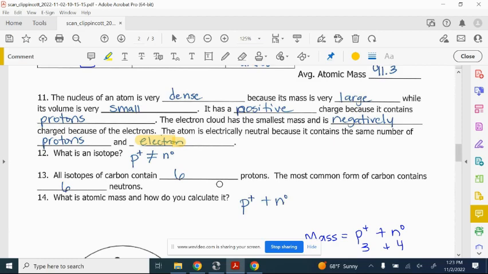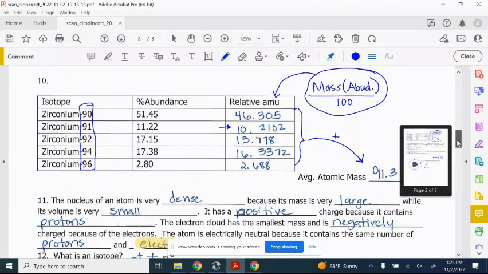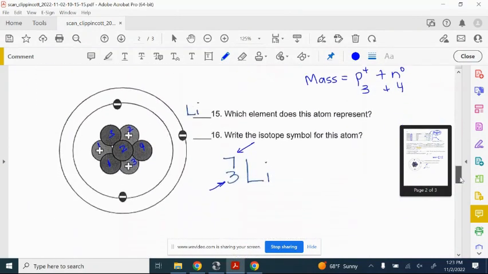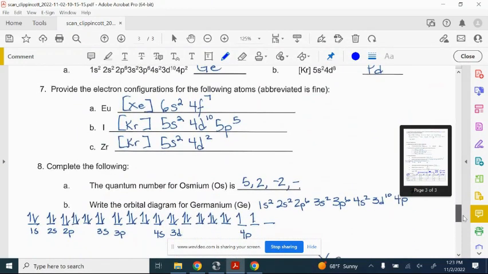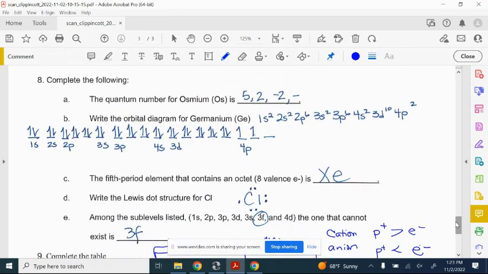What else do you want to talk about? Oh, yeah. Quantum numbers. So quantum numbers, they had asked over here, which is your second page. I've got this out of order, so I'm sorry about that.